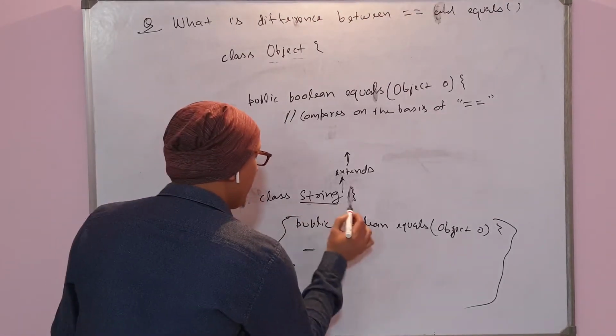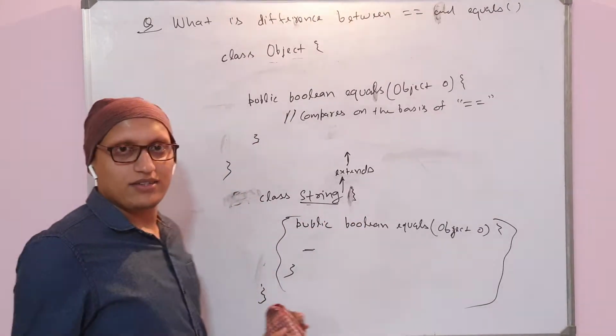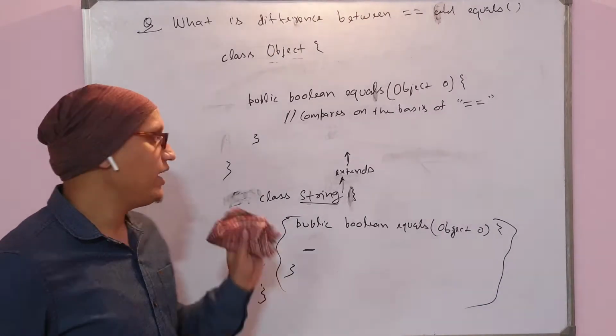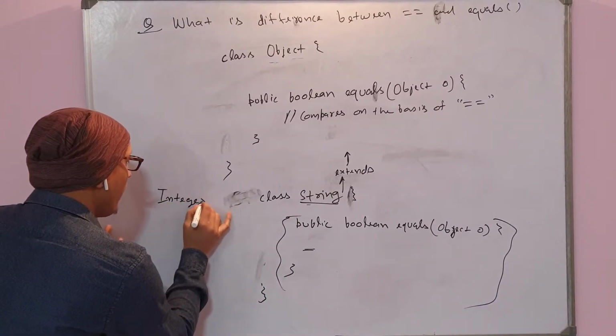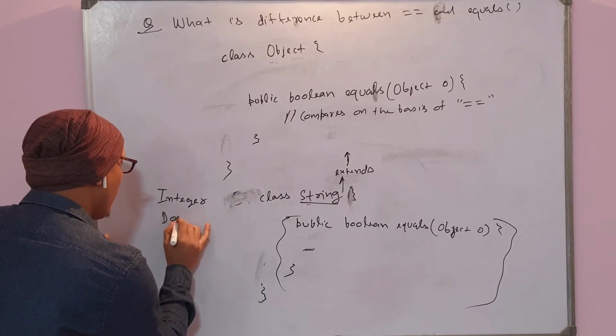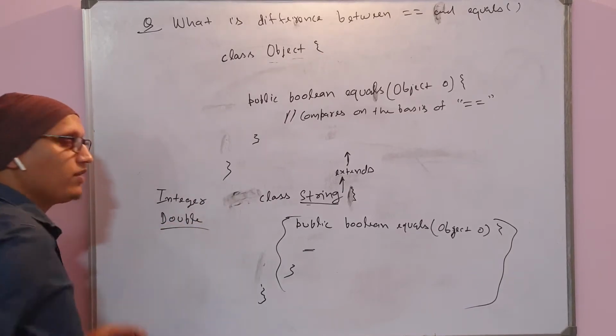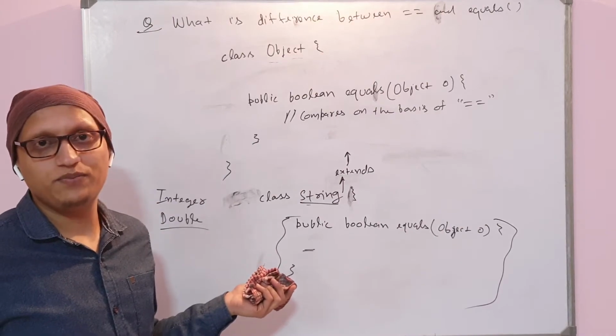In the same way, as I told you, String and all the wrapper classes like Integer and Double have an equals method.